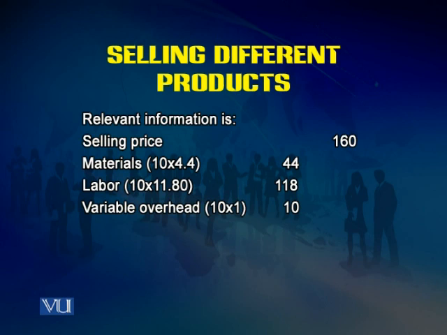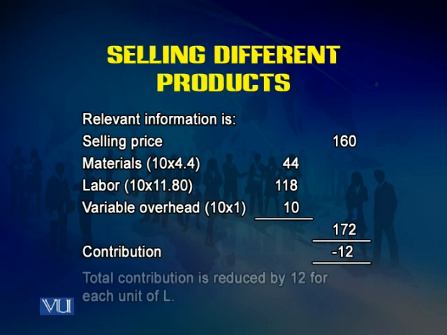Rate was 1. 10 units will be used. So the per unit variable overhead cost will be 10. This gives the total variable cost of 172, and the contribution based on the selling price of 160 is minus 12. The contribution is reduced by 12 for each unit of L produced.